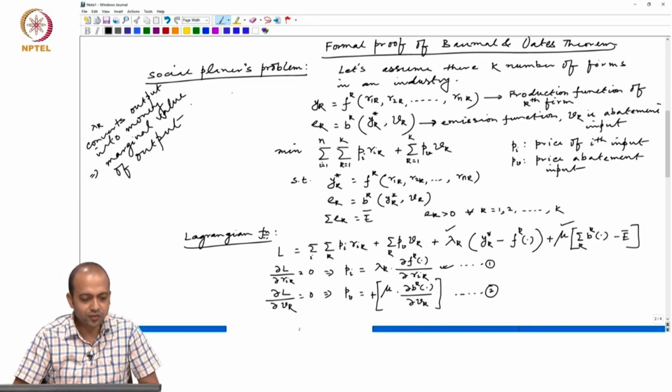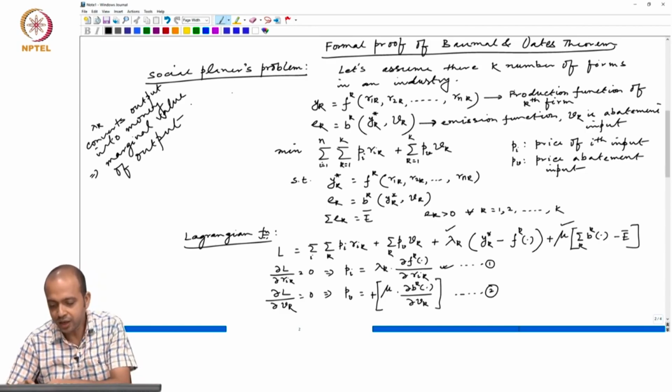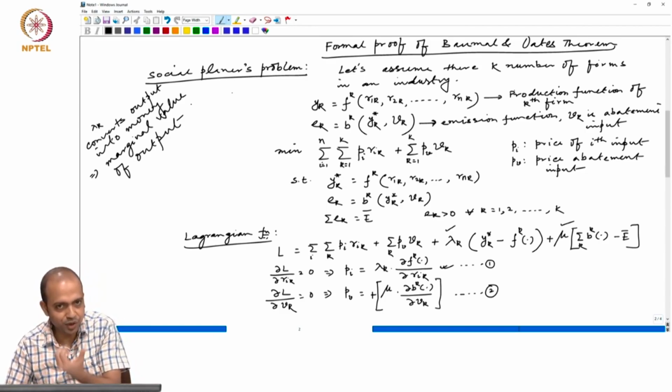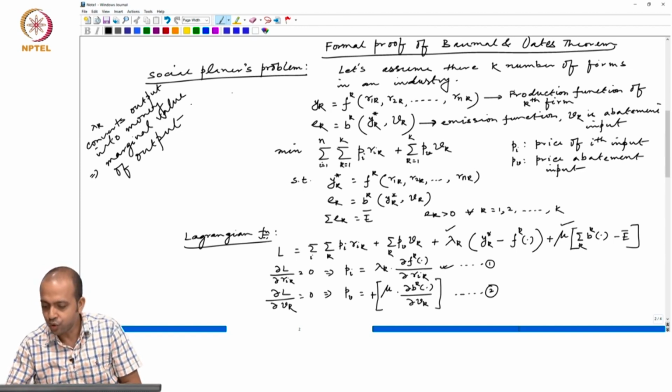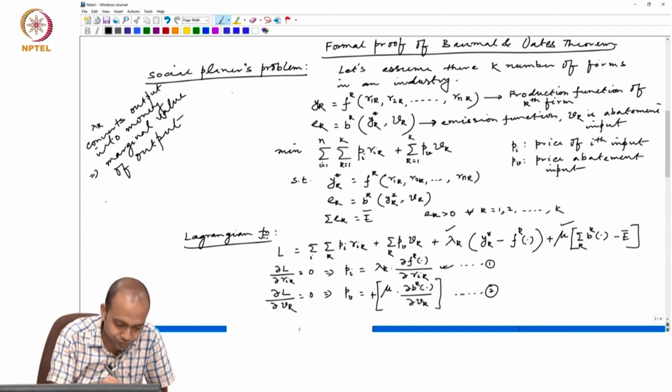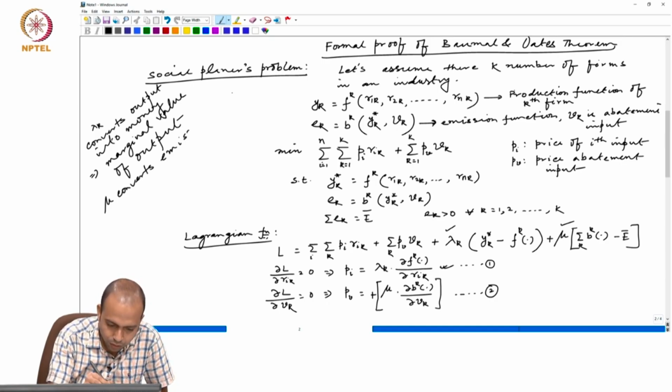Okay, marginal value of output. That means in monetary units, so this is also in monetary units, right? What is this? Mu actually converts emission into money.